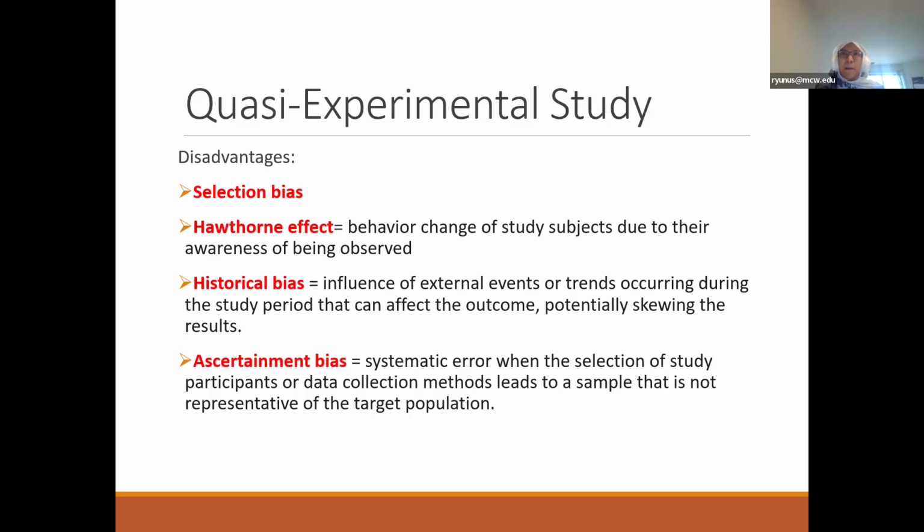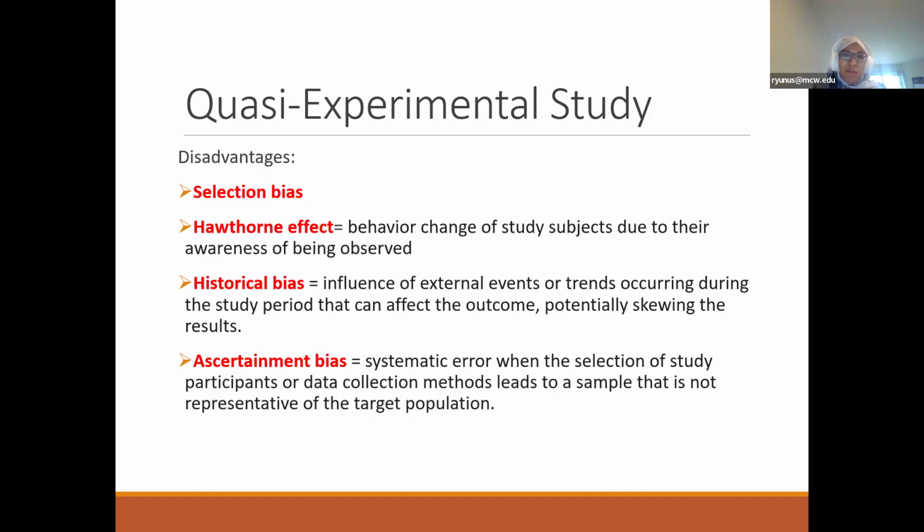Because you are not able to make sure that the control and the intervention group are similar. It's very difficult for you to determine that from the very beginning. Therefore, this is some sort of selection bias there. And also you as a researcher, you determine who gets the intervention, who doesn't. That exposes you to selection bias.